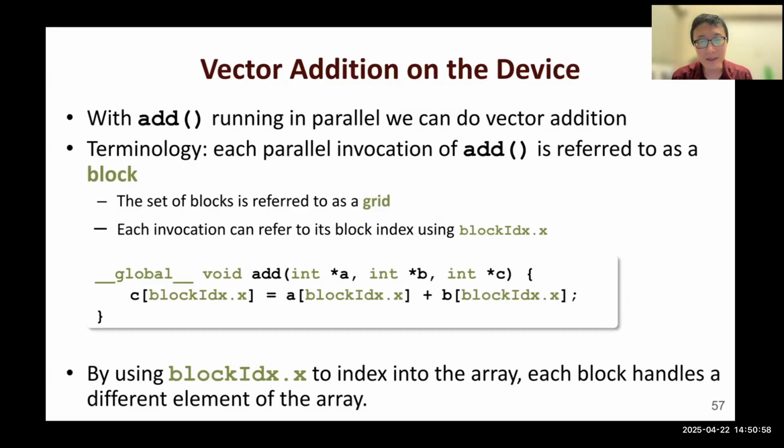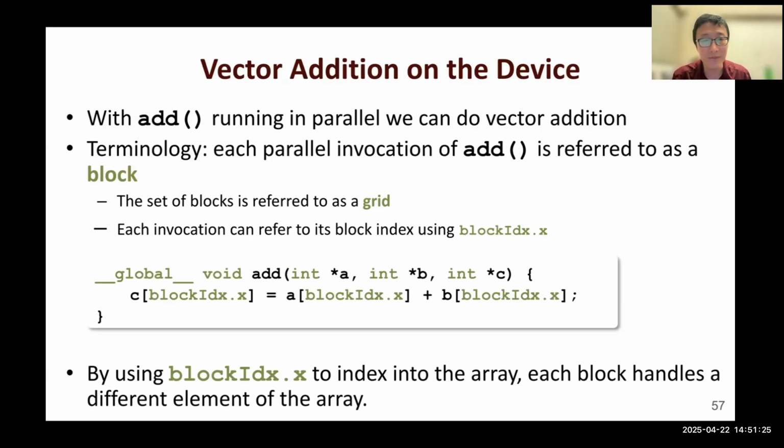This blockIdx.x is a runtime constant. It's not a variable, it's a constant. When the kernel is launched, this blockIdx.x will be constant for the given CUDA thread. Because the number of CUDA threads is n, and the particular index for the individual thread is a given.